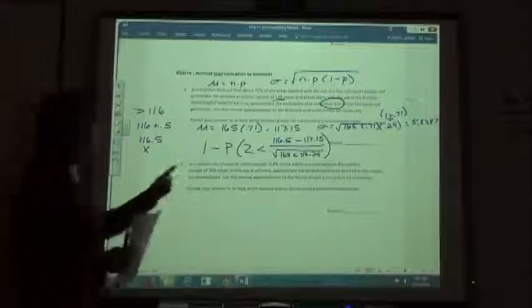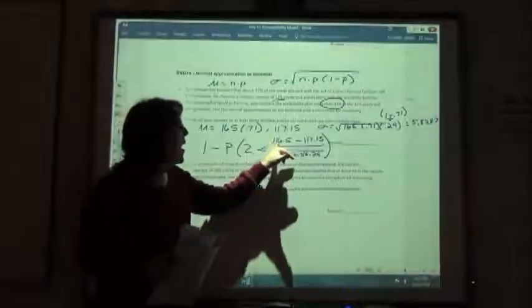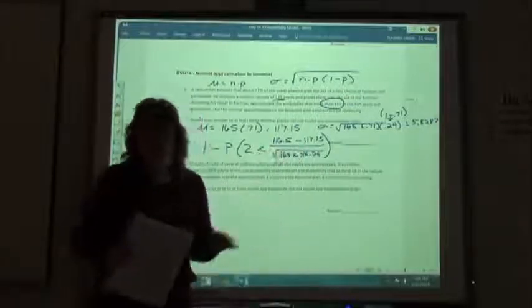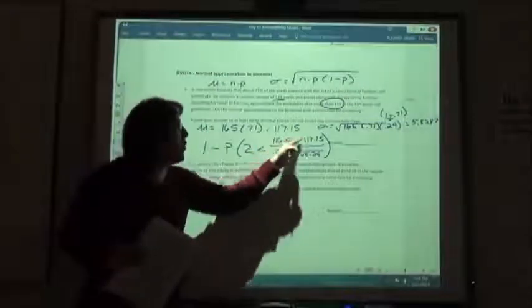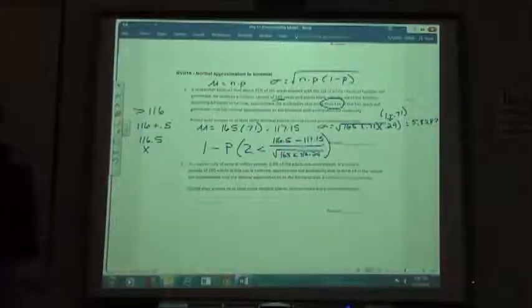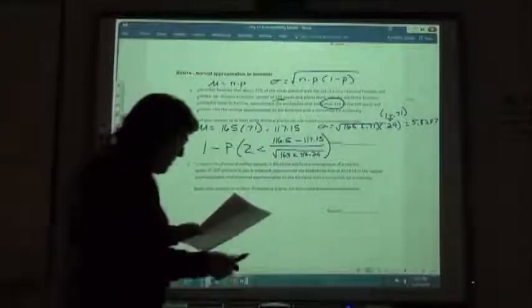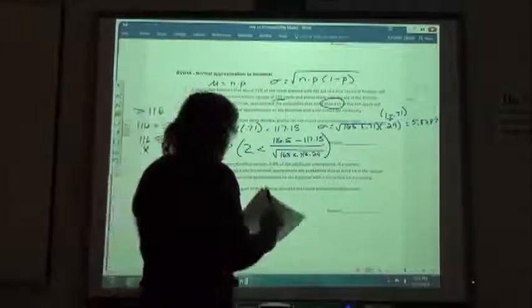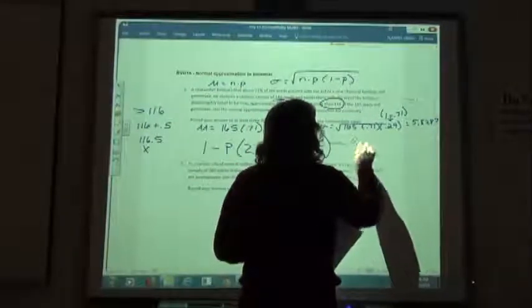So when you put this in on the calculator, if you highlight this before you hit the dividing, then it'll put the fraction under the whole thing. Otherwise, you would want to figure this top number out first before you punch it in. And we came up with, where are we rounding? 3 decimal places. So 0.544.